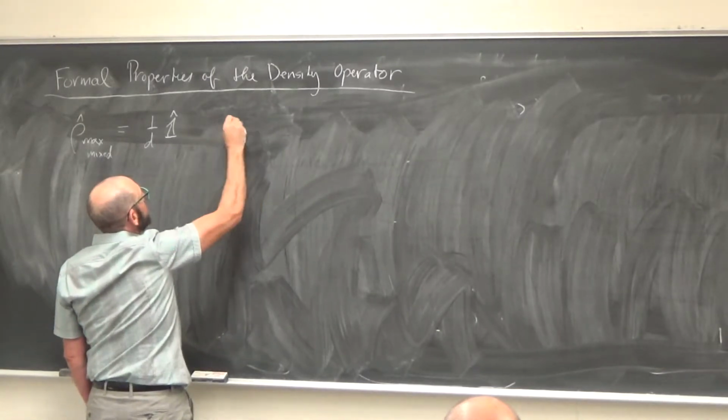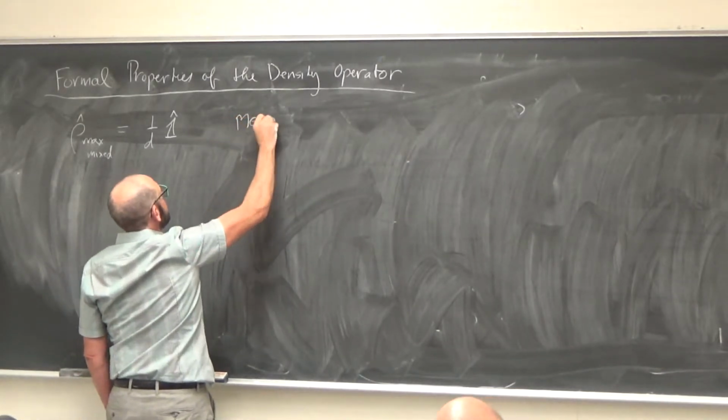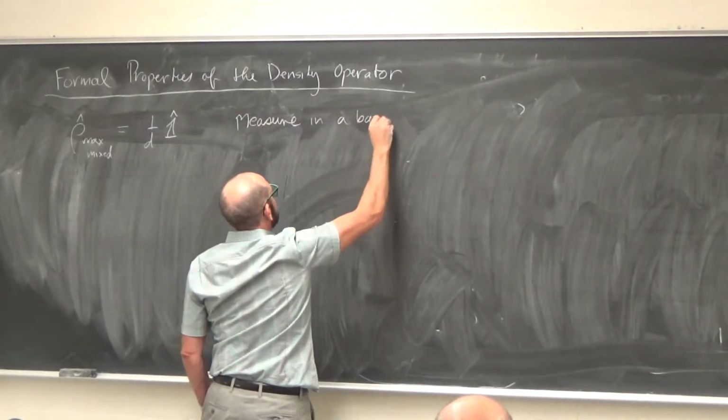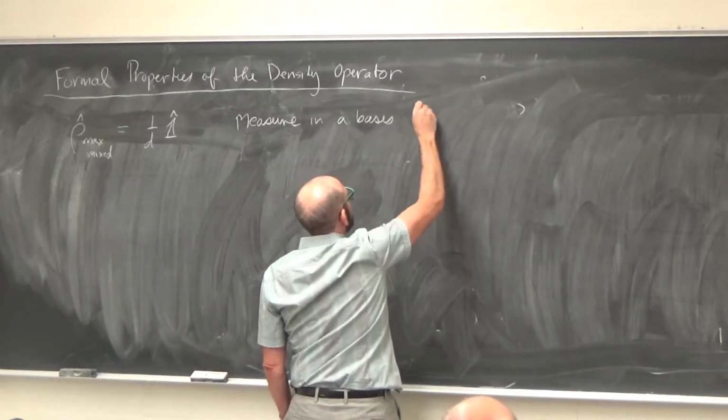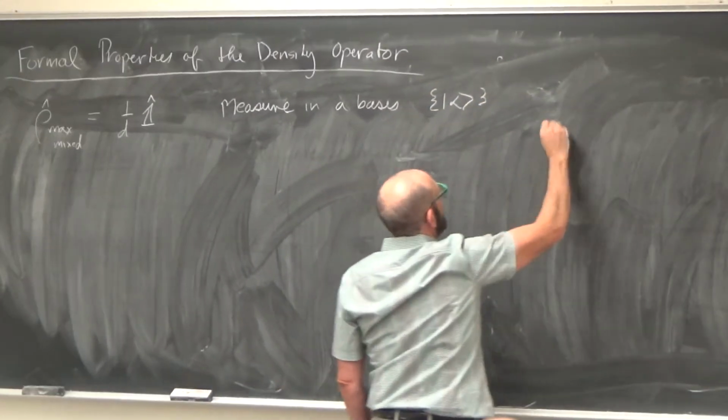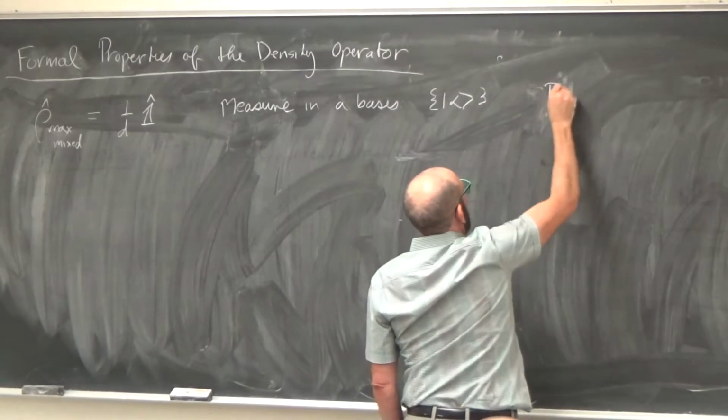There's some basis, and I want to know what's the probability of finding outcome alpha.